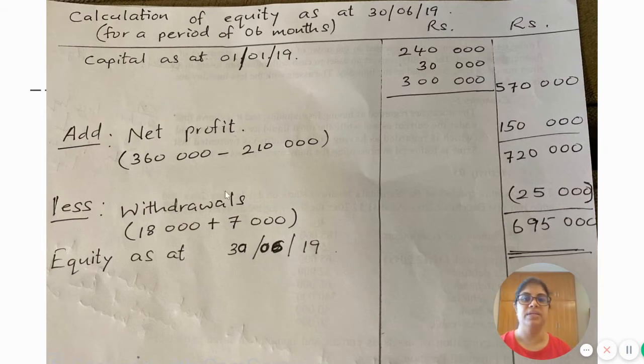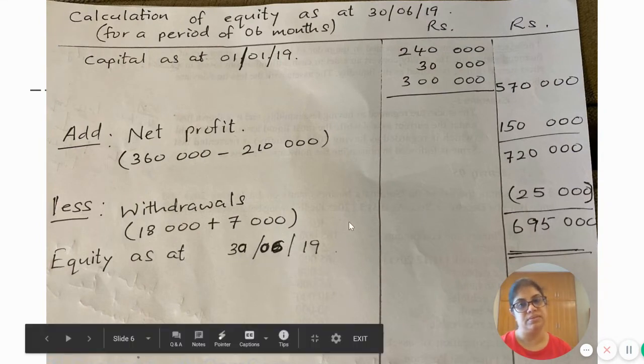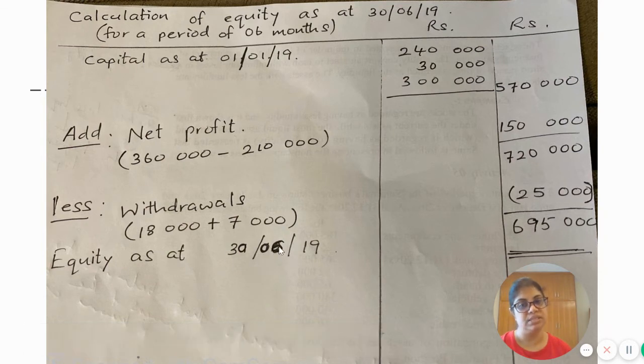And from that, when you deduct the withdrawals of 25,000 at the end of the period, which is 30th June 2019, Sudhira will end up with an equity of 695,000 rupees. I hope you all have a very good understanding about this activity.